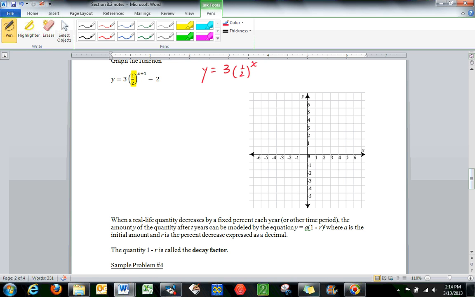Or, if you like, you could simply t-chart the entire thing, whichever way you feel most comfortable with. So go ahead and pause the video right now, and based off your experience, which one you like best, go ahead and try to graph the new decay function since it's being shifted.